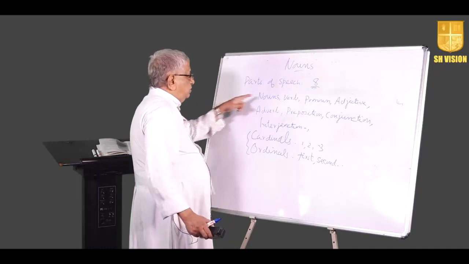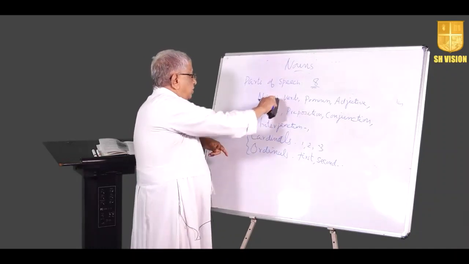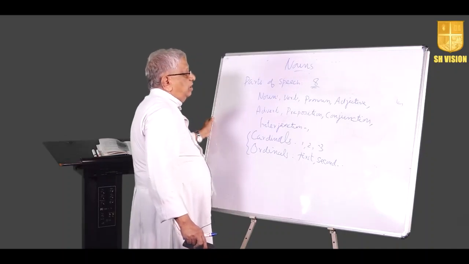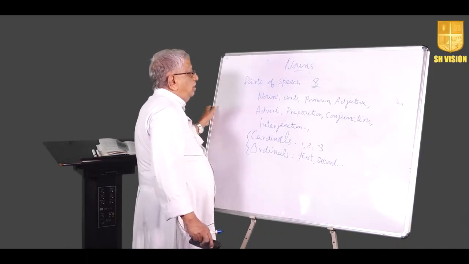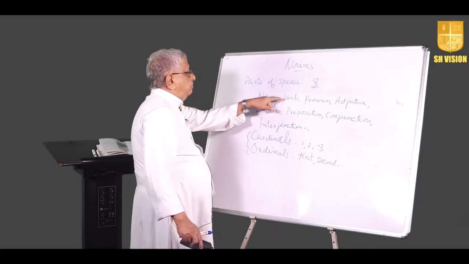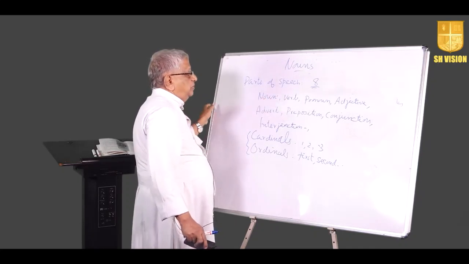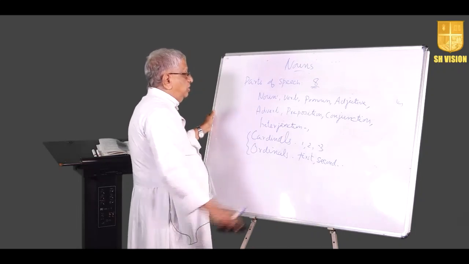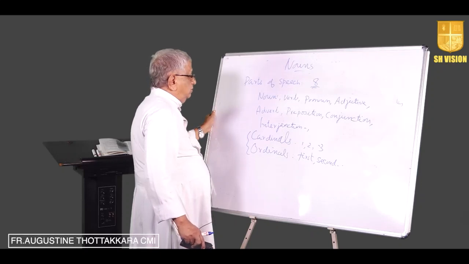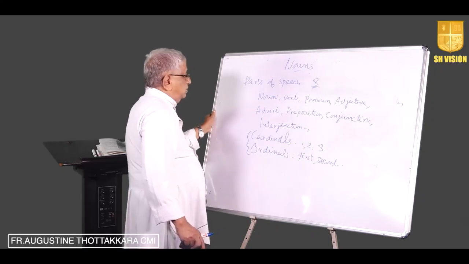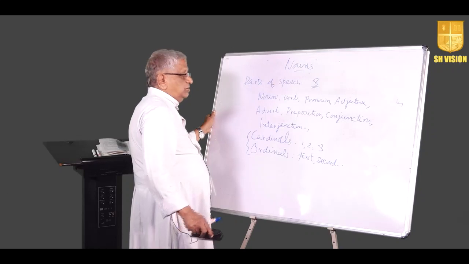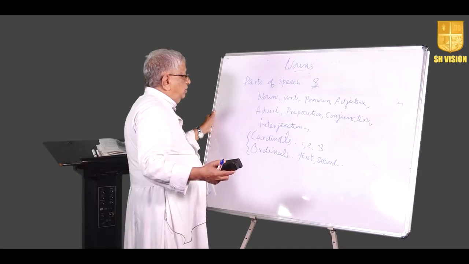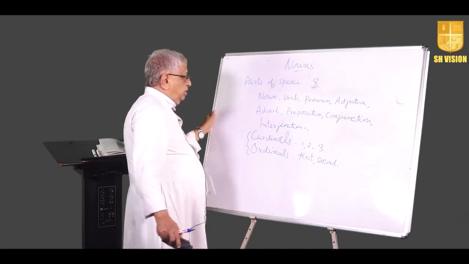So nouns, verb, pronoun, adjective. Adjective qualifies the noun. Adverb qualifies the verb. Preposition. Conjunction, which unites two words or two sentences. Interjection expresses wonder, sorrow, etc., your feelings.